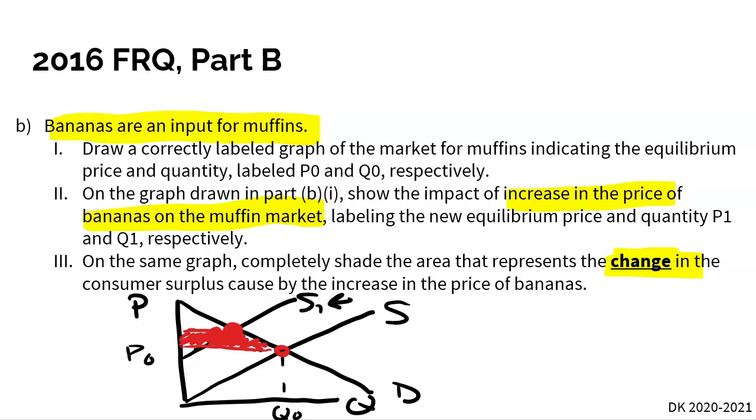Where a lot of students get points off for B3 is they shade in the old consumer surplus or the new consumer surplus. But that's not what this question is asking. The question is asking you to shade in the change. That's why it looks sort of like a parallelogram right here, because what's shaded in red on the screen is the change in consumer surplus.